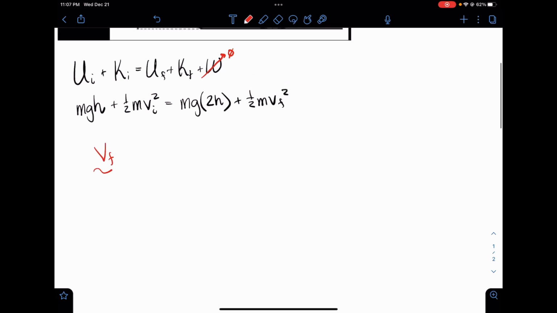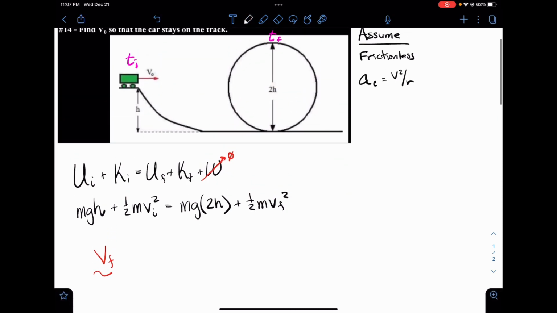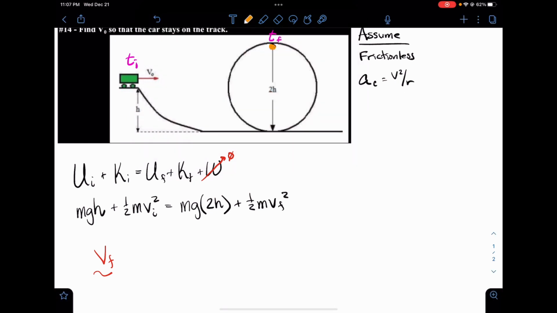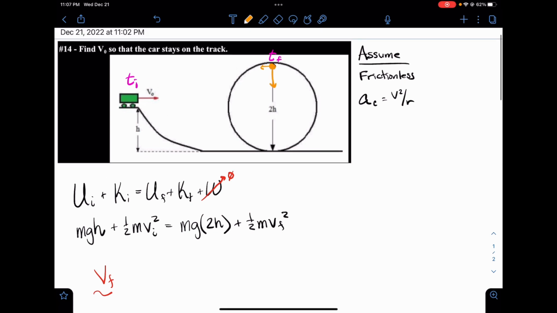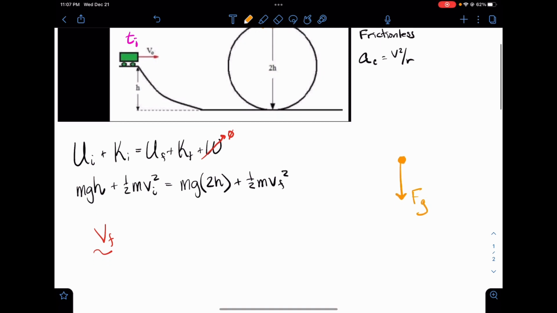And this is where we're going to do a free body diagram. So if we take state point 2, where the car is at this point, it's moving directly to the left, and it is not coming off the ramp, and it is not pushing the ramp upwards. It's the point where it is perfectly just kissing the ramp as it goes around the circle. That point is where the force downwards, which is just gravity, perfectly equals some upwards force.